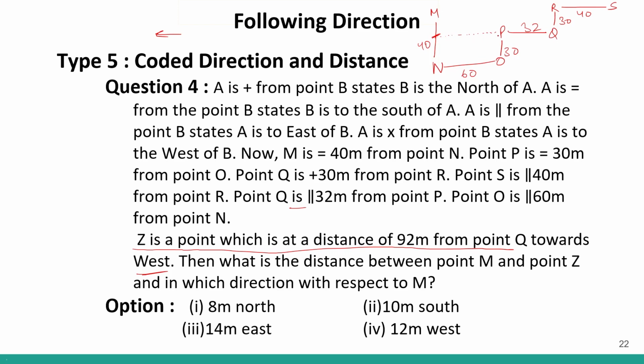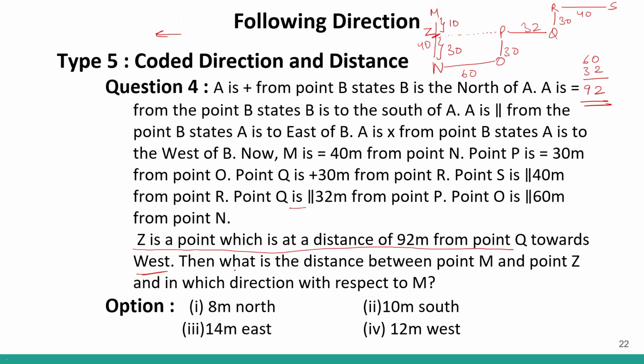So this will be 60 and this will be 32. 60 plus 32 will give me 92 meter. So I will reach a point, Z will be a point on this line. This will be equal to 30 and this will be equal to 10.